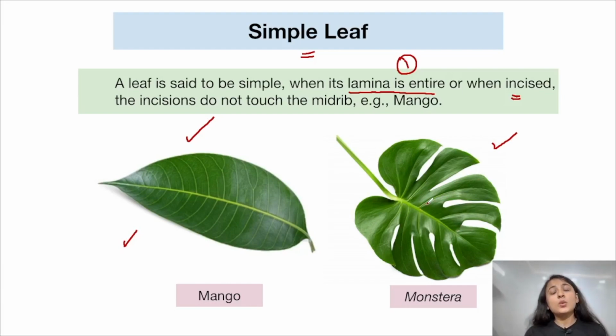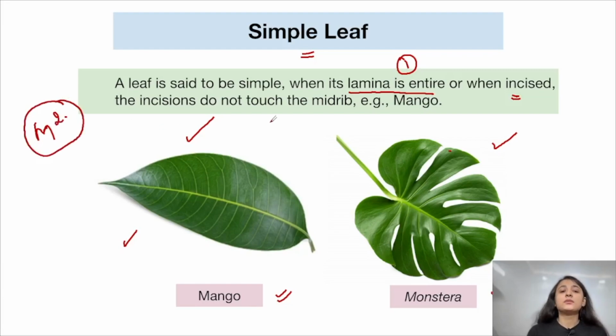So for the second case, the example is the monstera plant, and for the first case, the example is mango. Both begin with M, so you can remember it by M square: two M's as examples, mango and monstera.